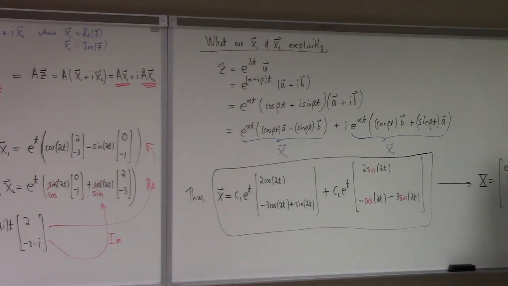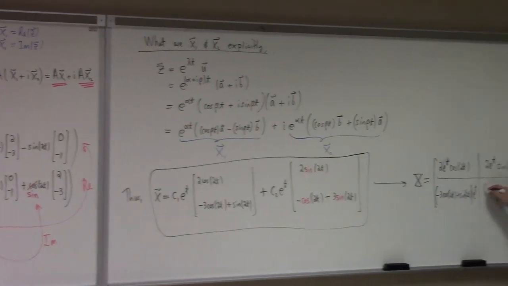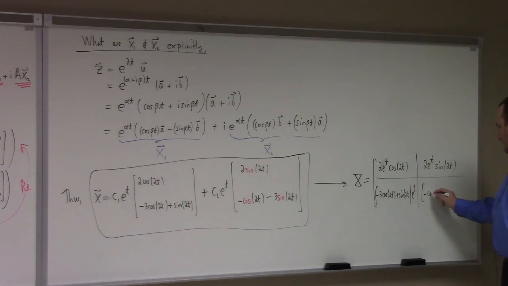We got e to the t, 2 e to the t cosine 2t, 2 e to the t sine 2t, down here, minus 3 cosine 2t plus the sine of 2t, all of that times e to the t, and then minus cosine 2t minus 3 times the sine of 2t, all times e to the t.